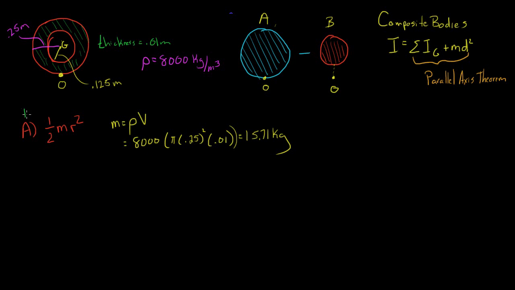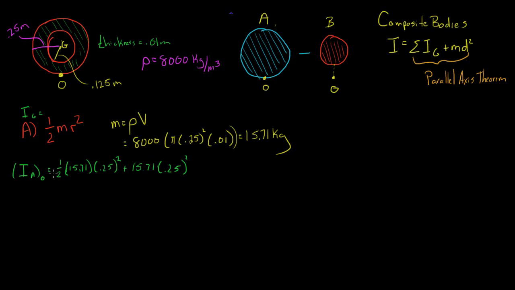Okay, so we now know the moment of inertia about our center of mass. But what we're looking for is the moment of inertia of part A about point O, and this is going to be equal to the moment of inertia about the center of mass, so 1/2 times the mass, 15.71, times 0.25, which is our radius, squared, plus our mass, 15.71, times the distance to this new axis, which is 0.25 squared.